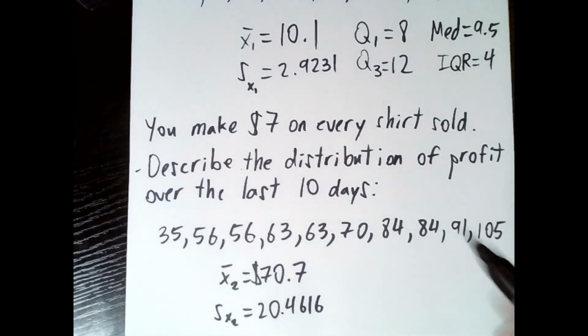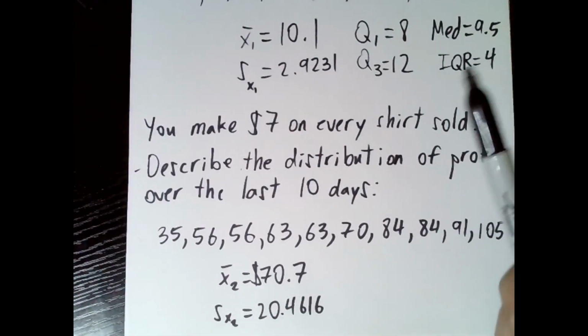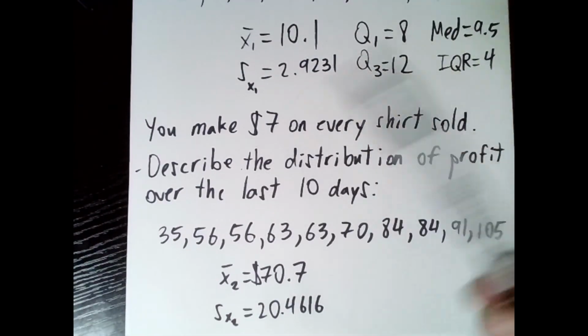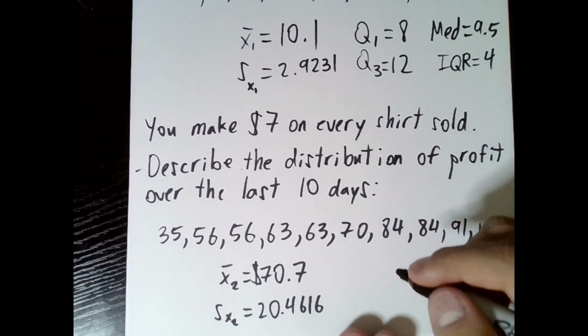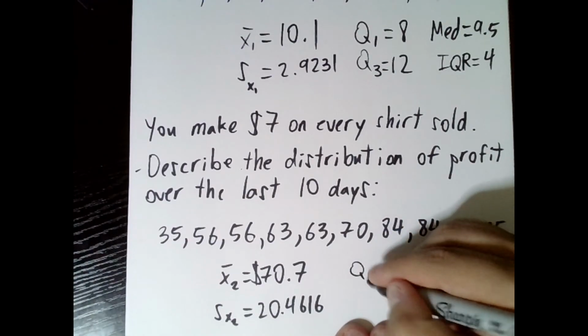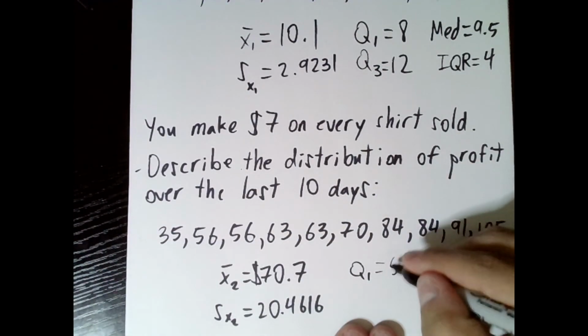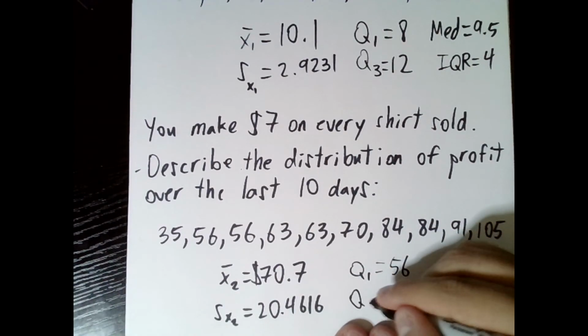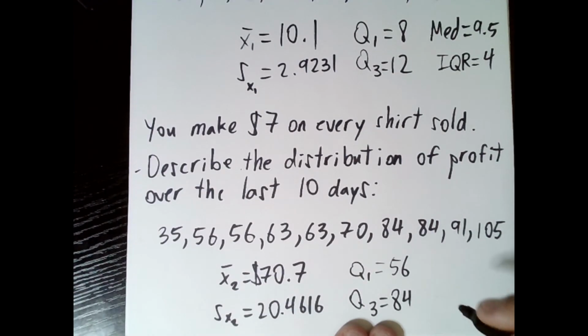The standard deviation comes out to 20.4616, which if you check is exactly 7 times more than what we had here, accounting for rounding errors. Quartile 1 is now 56. Quartile 3 is now 84.